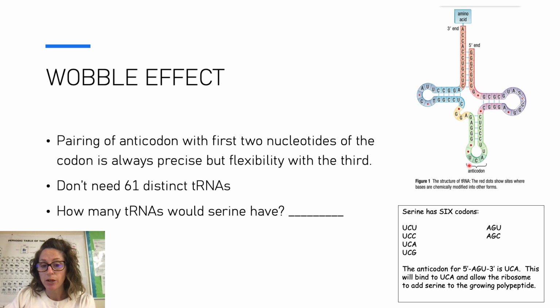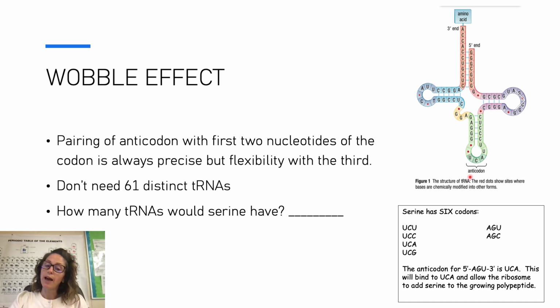So this tRNA has the anticodon UCA. So we see this right here, the top one, AGU, is very specific to that anticodon. So this codon is the exact complement to this anticodon. But if we look just below it, we also have AGC. So this too will bind this tRNA.